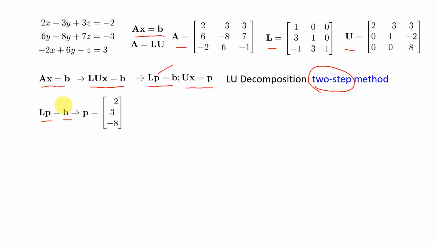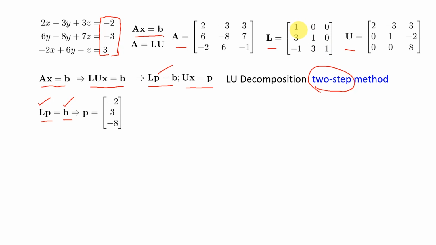Here the column vector B is known and L is a lower triangular matrix. So finding P is very simple. I am not showing the detail, but you can figure it out. My B vector is this one, -2, -3, 3, and L matrix is here, which is a lower triangular matrix.